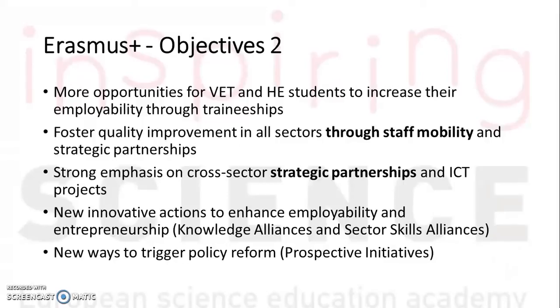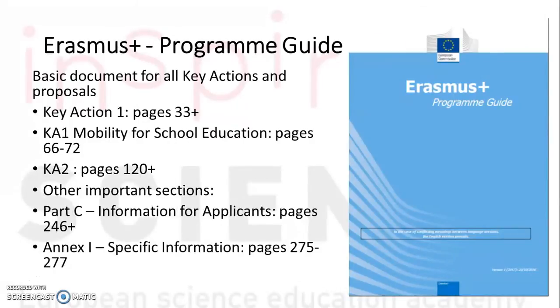This is one of the major objectives of the Erasmus Plus project. You can read all the details, if you wish to, in the so-called program guide of the Erasmus Plus program. You can find it on the website of the Erasmus Plus program.